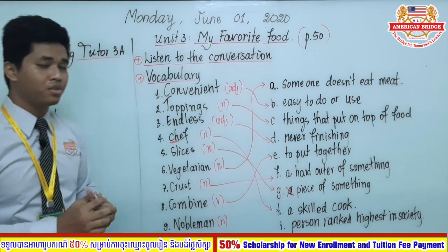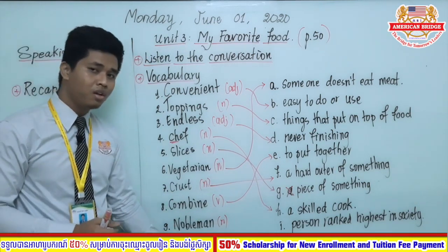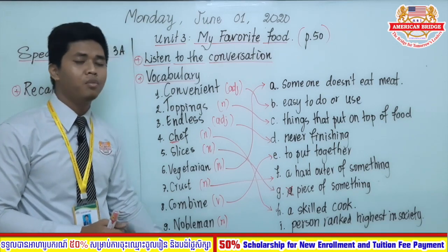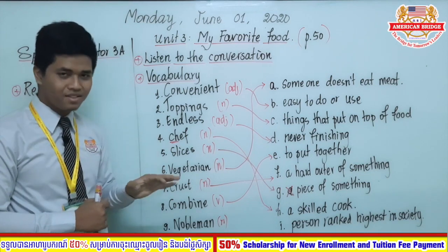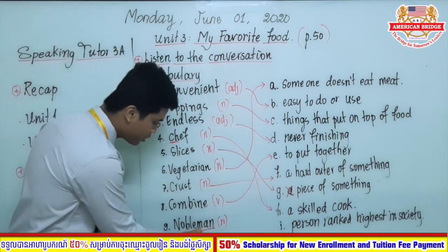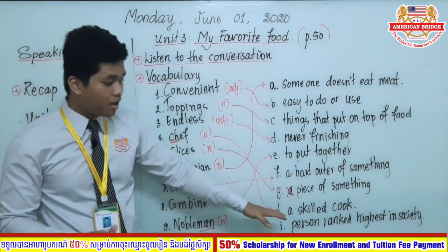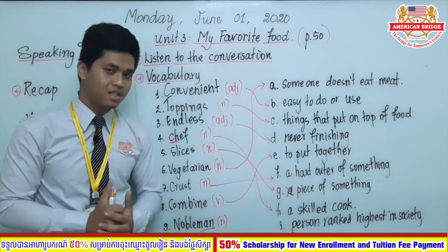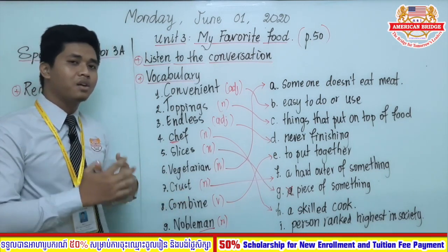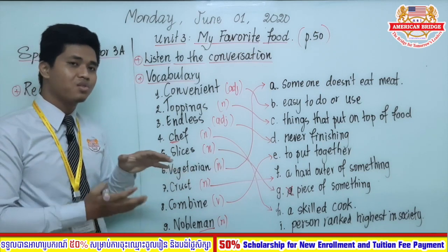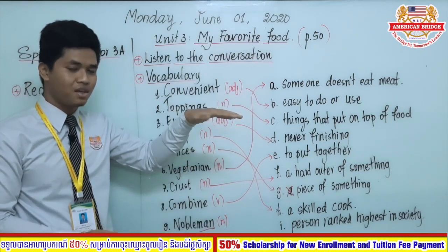Last but not least, nobleman. So nobleman refers to a person, because we have the word man here. So nobleman refers to a person who ranks highest in society. In the past, they had ranks for people living in the society: the low, the middle, and the highest rank in the society.